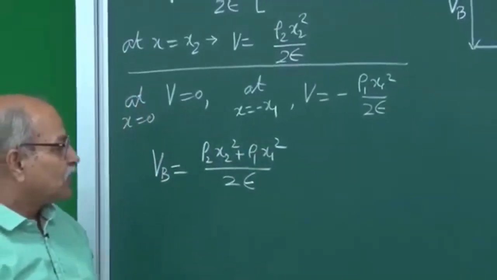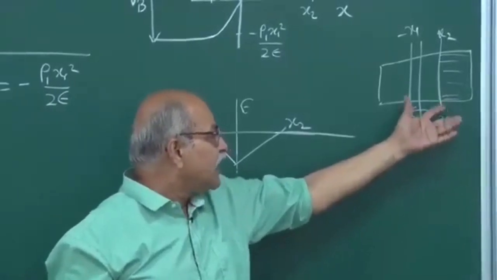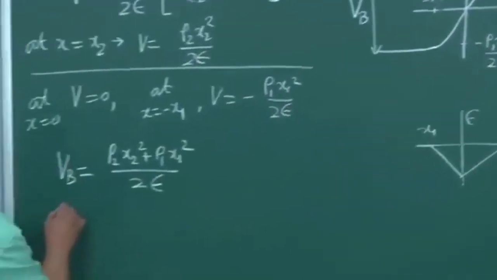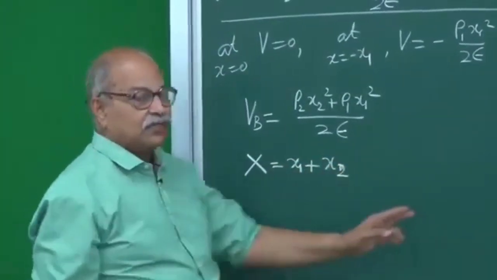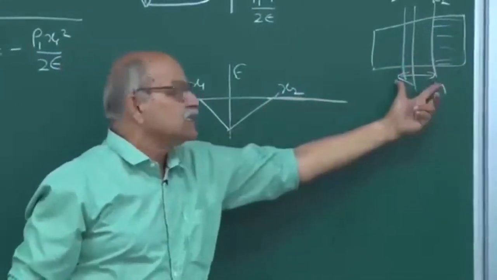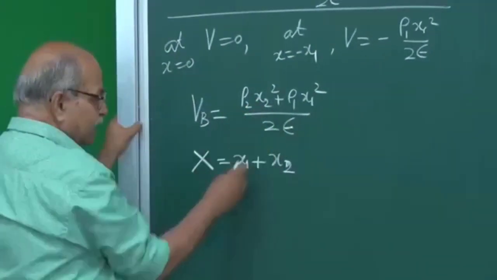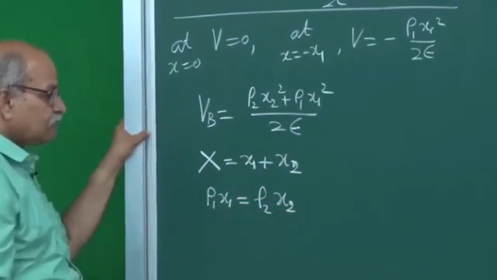Let us try to write the width of the depletion region, and the relation between that and this potential barrier that we have calculated. What we are interested in is the width of the depletion region, which is x1 plus x2. This is the total width of the depletion region. You have one more relation, and that is rho 1 x1 is equal to rho 2 x2, right?